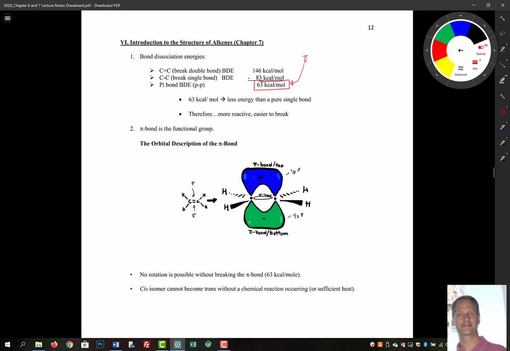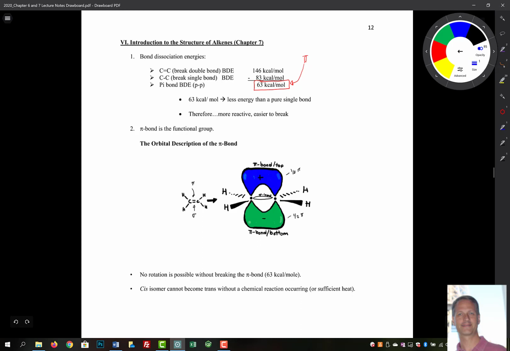Now, we have seen the orbital description of the pi bond before. We know that it has this overlap of our p orbitals. So if we take it and rotate it on its side, like we do here, we can see we have this constructive overlap up here, giving you your positive lobe, and down here that gives you your negative lobe.